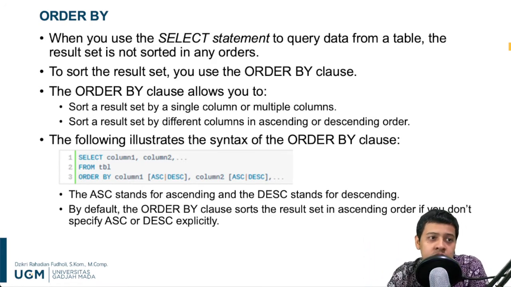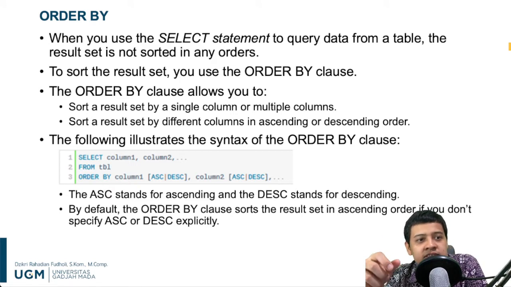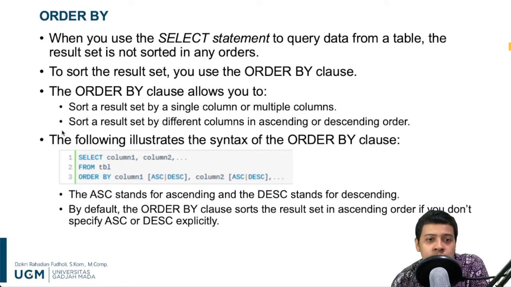The second one is to sort a result set by different columns in ascending or descending order. So it can be in ascending or in descending. The following statement illustrates the syntax of the ORDER BY clause. So we need to write the SELECT first and then followed by FROM, and lastly the ORDER BY.